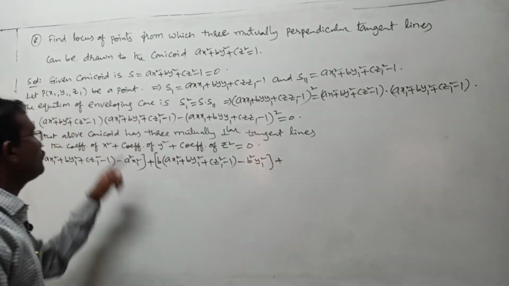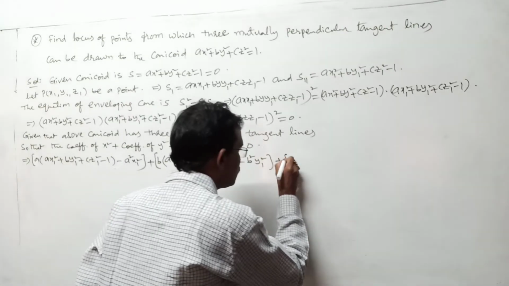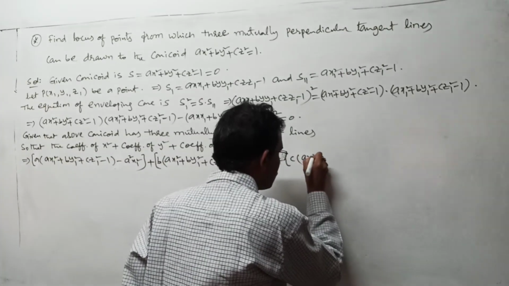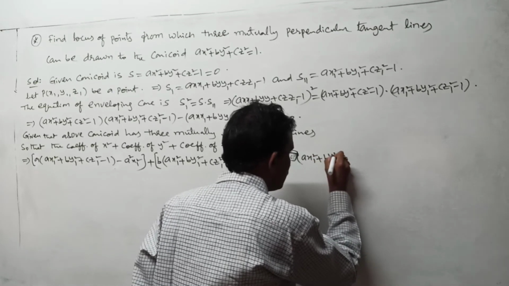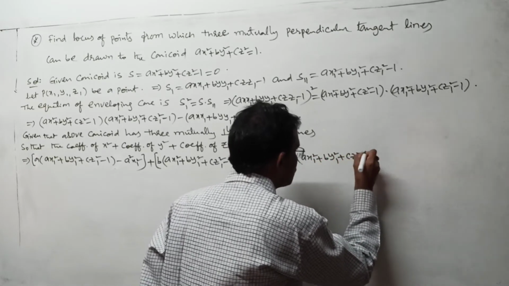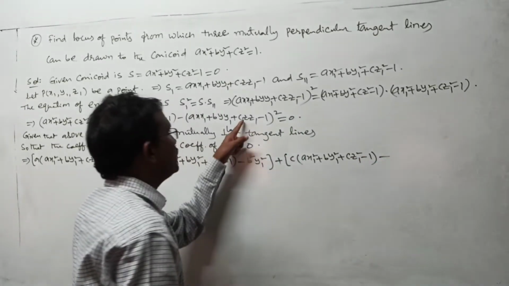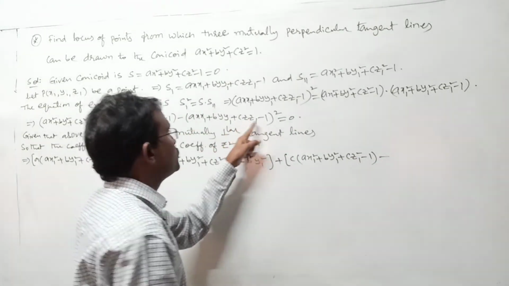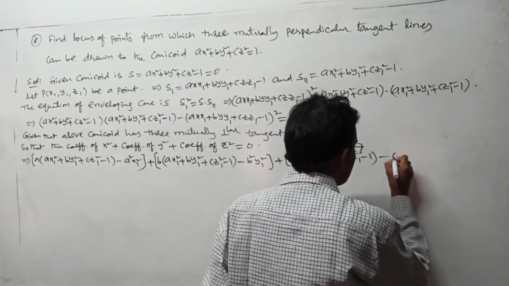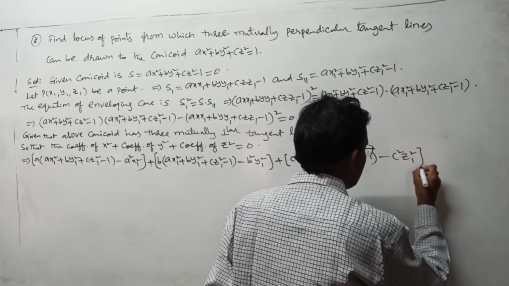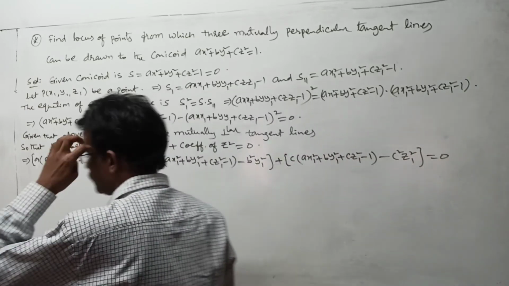Plus the z square coefficient: c into ax1 square plus by1 square plus cz1 square minus 1, minus c square z1 square, is equal to 0, right?